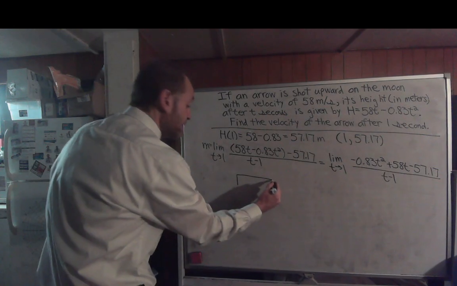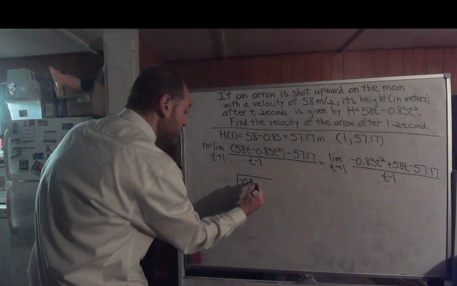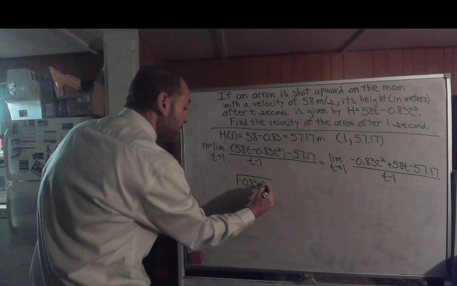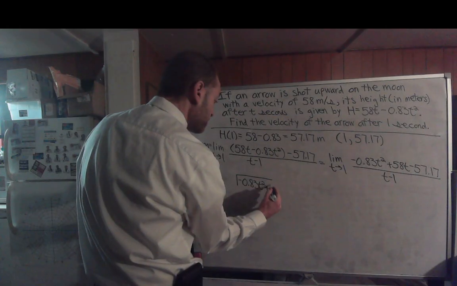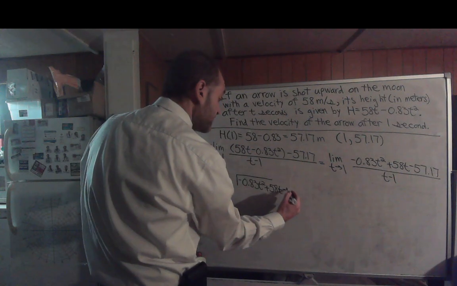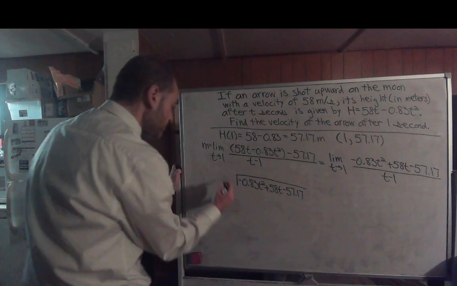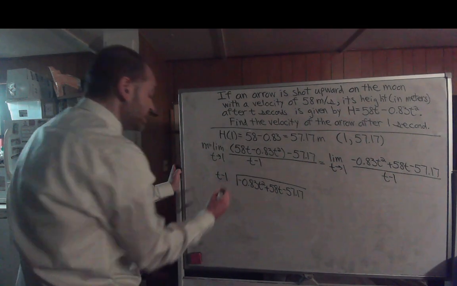Sometimes these aren't pretty, but so this is negative 0.83 t squared plus 58t minus 57.17, all that divided by t minus 1.